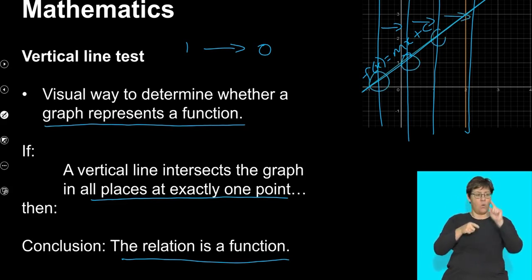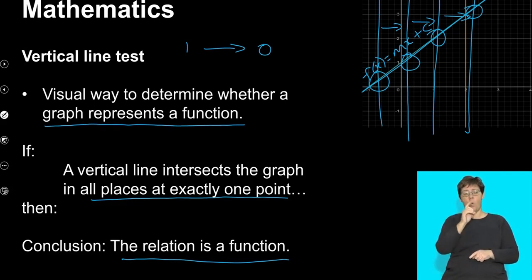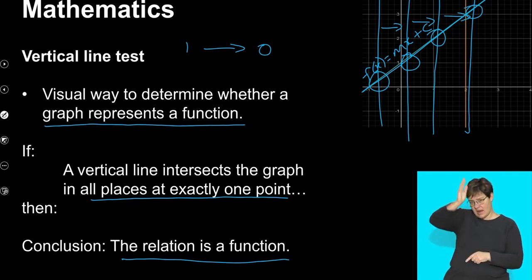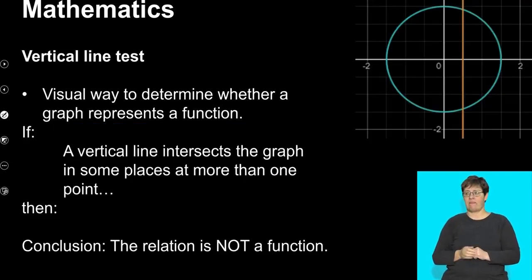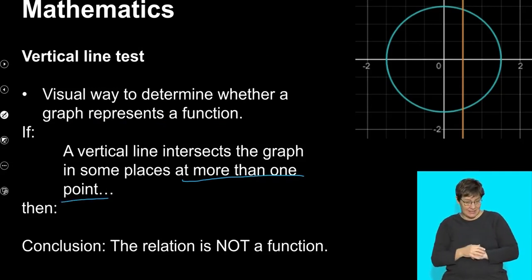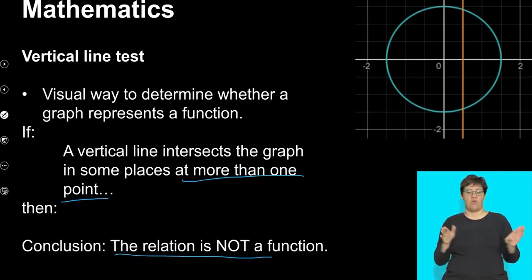Only 1 point. After it passes, one more point, one more point. However, if this vertical line intersects the graph at more than 1 point, then we say that this is not a function.